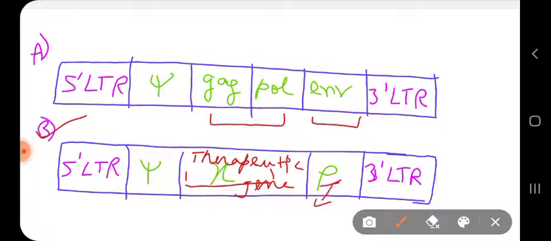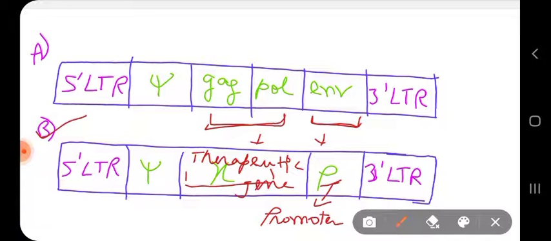Small p codes for the promoter sequence for the proper expression of this therapeutic gene. So we replace GAG, POL, and ENV with this sequence, so that it can deliver properly into the host cell.